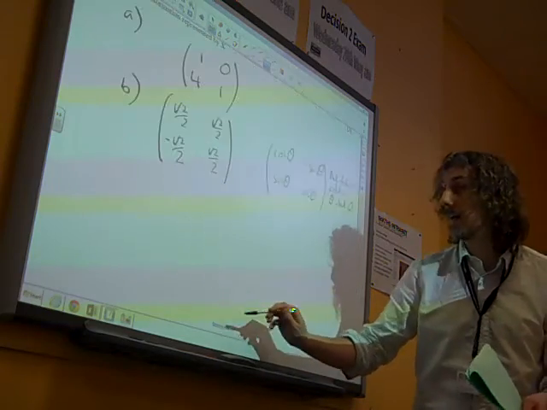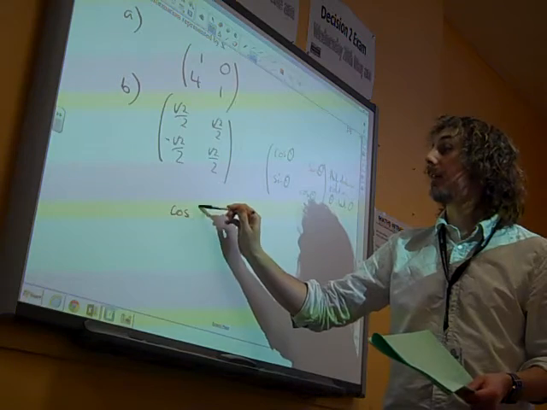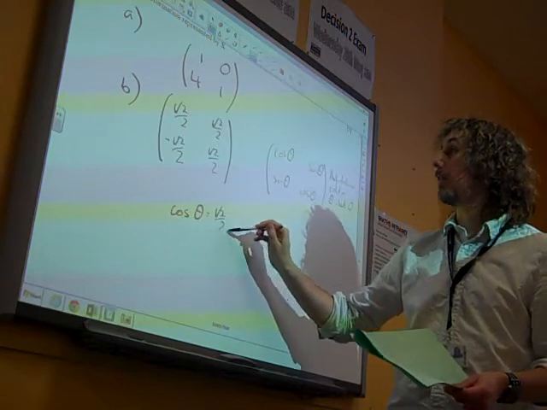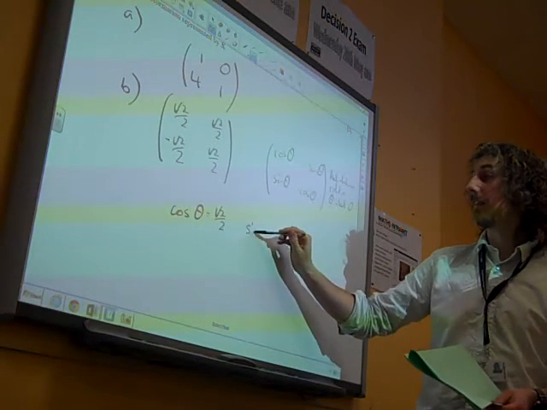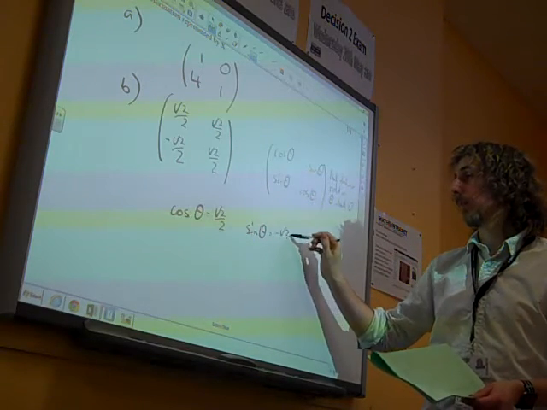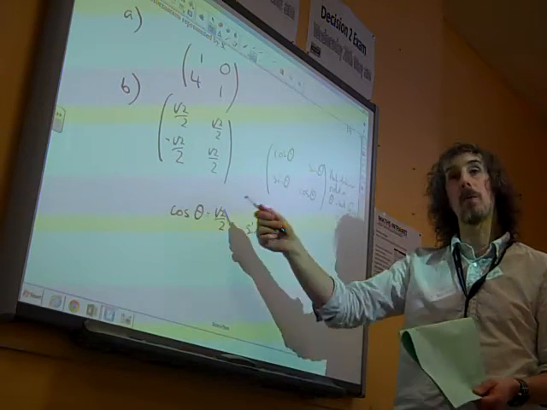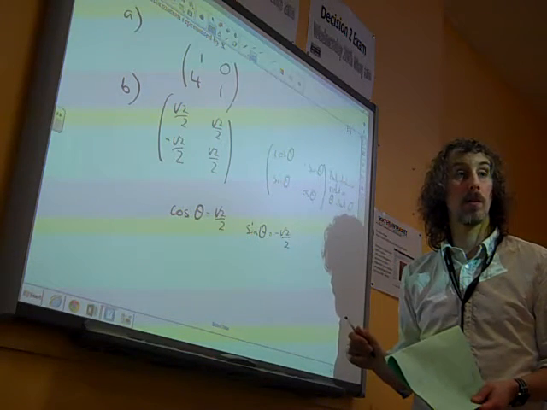Now, notice what we've got here. So cos theta, in our case, is root 2 over 2, and sine theta is minus root 2 over 2. So we want to find the value of theta that satisfies both of those two equations.